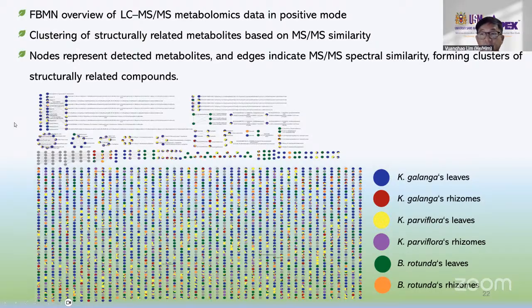So we can see that some of the clusters that have been formed based on the colors represent metabolite families sharing related chemical structures, and different colors correspond to different plant species and plant parts, allowing us to observe which metabolite families are enriched in particular samples. So of course, this visualization provides much more information than a simple metabolite list.